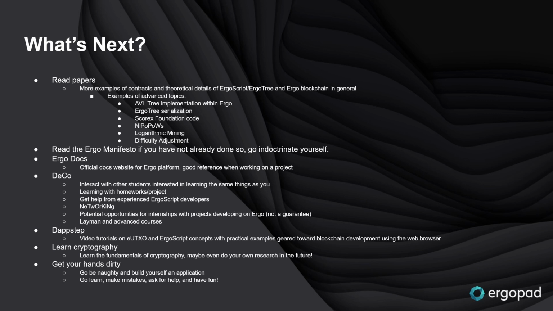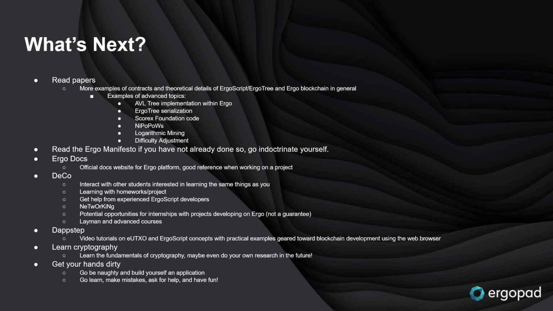You can get help from experienced developers. It's a good opportunity to network with other people and find out what other people are interested in working on in the ecosystem. And there are different courses like the layman and advanced courses, and it might even open up opportunities for you to get internships with other projects.